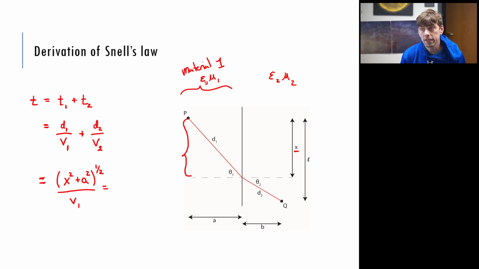Similarly, for the second triangle, I called the distance b, and the height here is simply the distance L, representing the displacement between points P and Q, minus x, being the displacement between point P and the location where my beam of light crosses the boundary between the two materials.